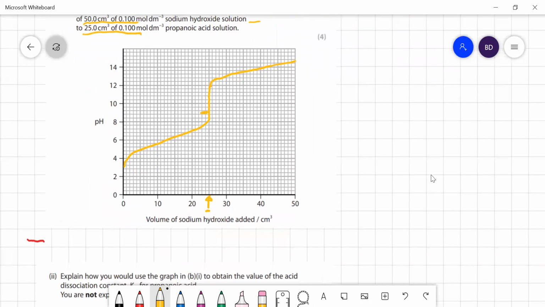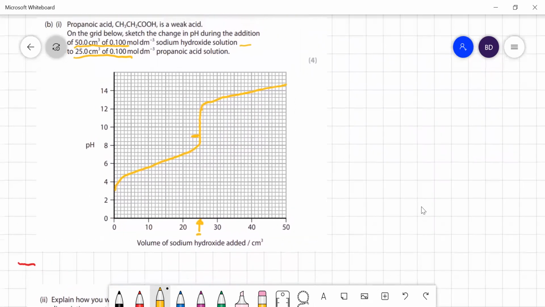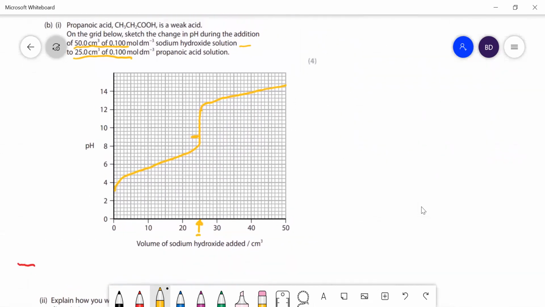Okay, then explain how we'd use your graph to obtain the value of the acid dissociation constant Ka. Right, so going back to our buffer calculation, we know that H plus is equal to Ka times HA over A minus.